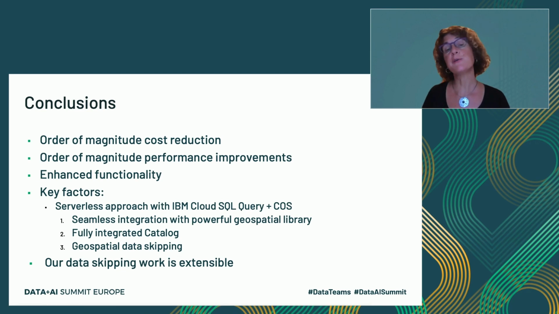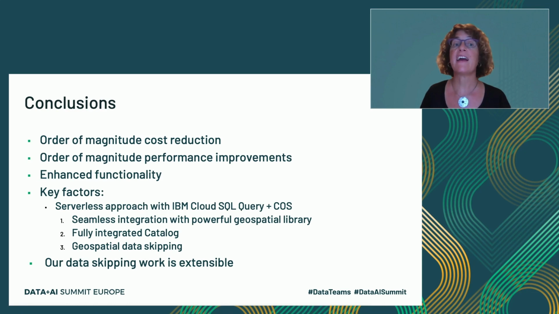So to conclude, not only did we get order of magnitude cost reductions, we also got performance improvements and enhanced functionality at the same time. Key factors were adopting a serverless approach with Cloud SQL Query and Cloud Object Storage.